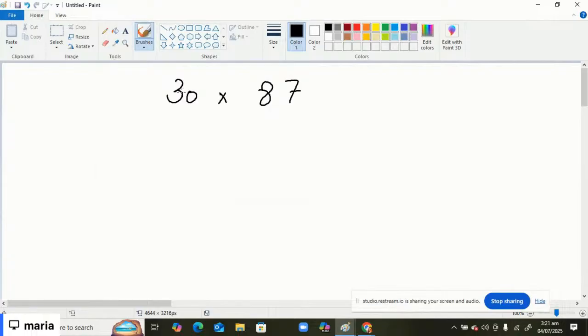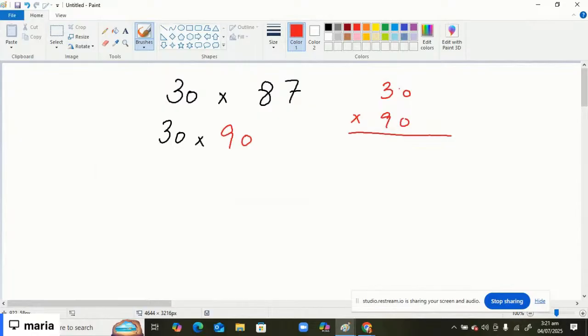So 30 as it is. 87 can be changed: this is 7, which is greater than 5, so 8 plus 1 is 9 and the remaining should be 0. Now let's multiply 30 times 90 or 90 times 30.